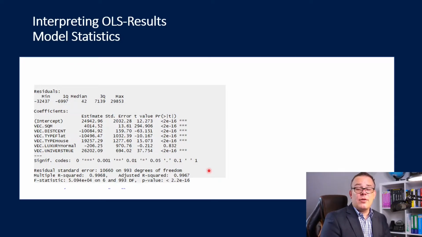Now let us have a look at the model statistics. The most important number here, of course, is the multiple r squared. The r squared is well known in statistics. It says which ratio of the variance of the housing prices can be explained by the variances of the independent variables.